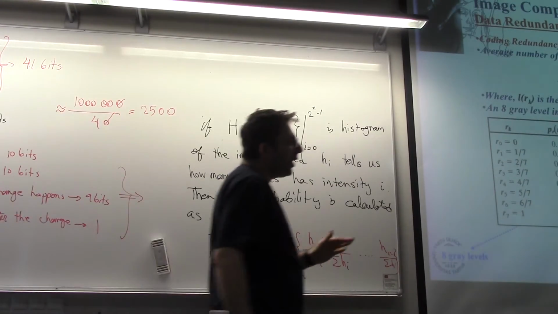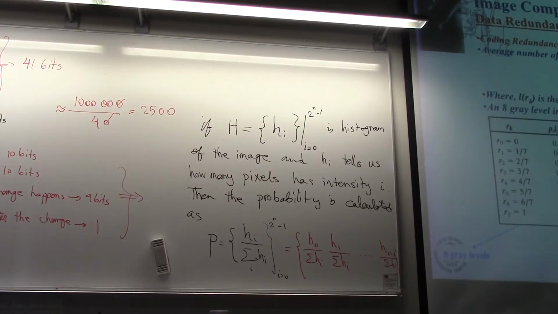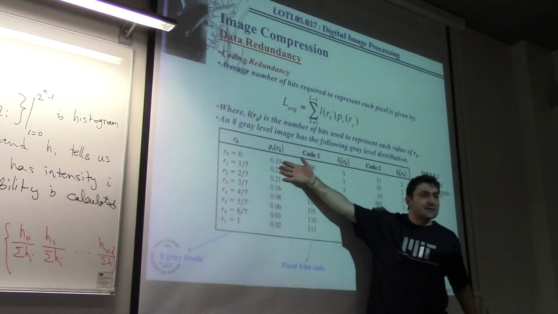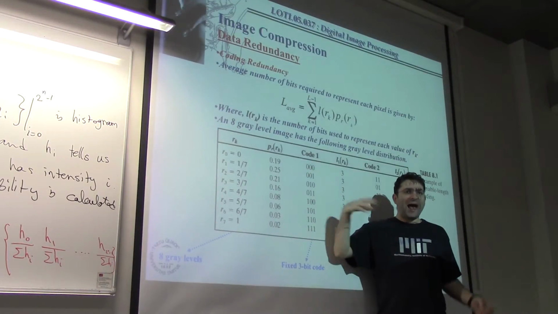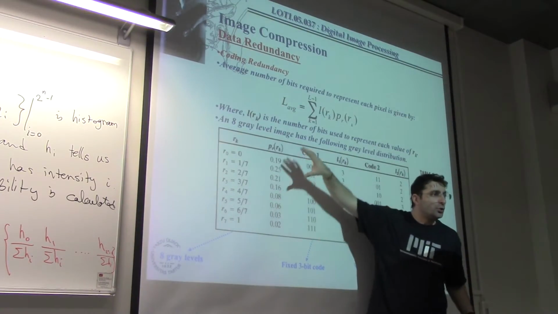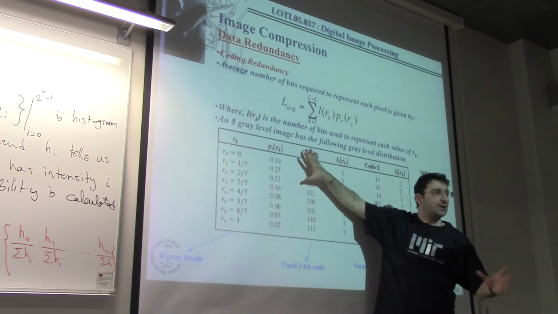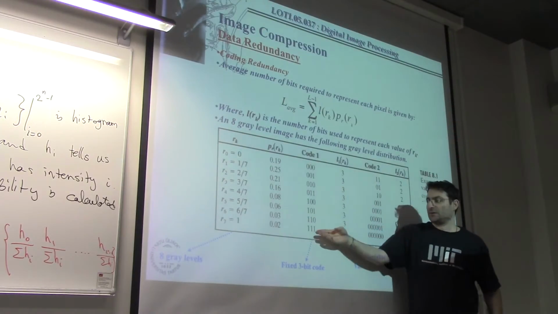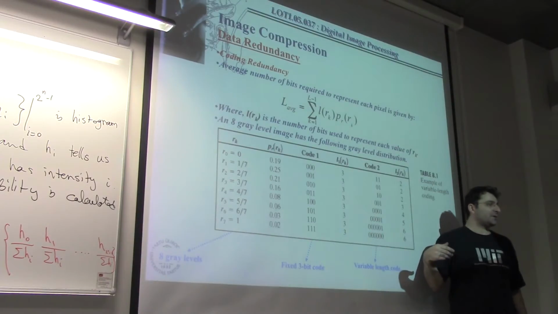So what we do is we come here and say, look, some of the pixels have a high probability of appearance, some of them have a low probability of appearance. As we stated before, those which are highly probable, we call them very important, the cool guys, and we give them fewer bits. Those which hardly happen, we give them bigger numbers.